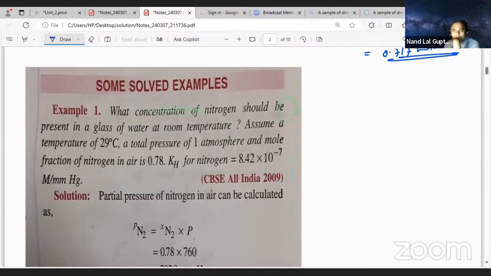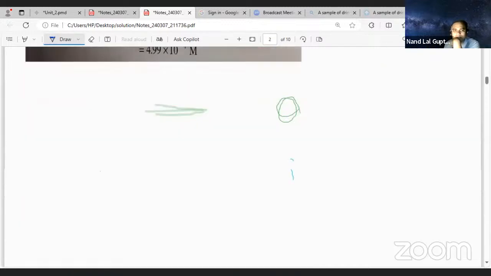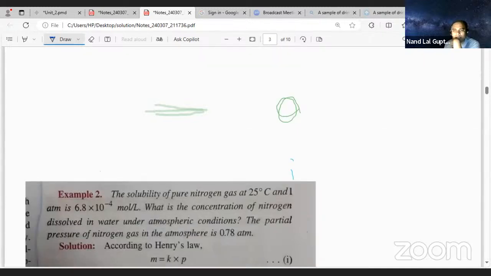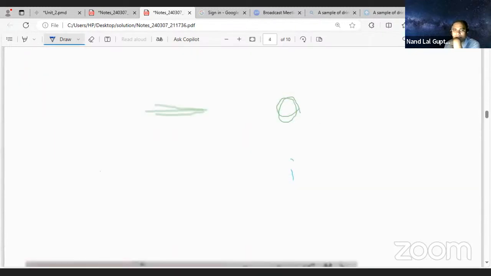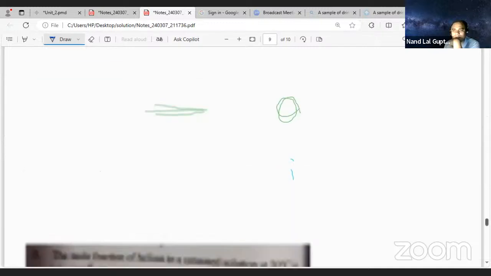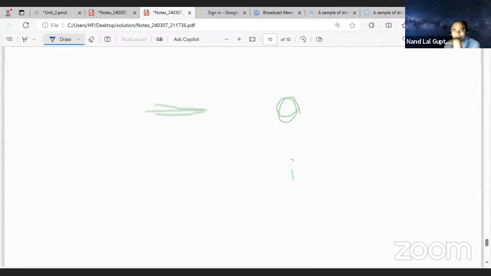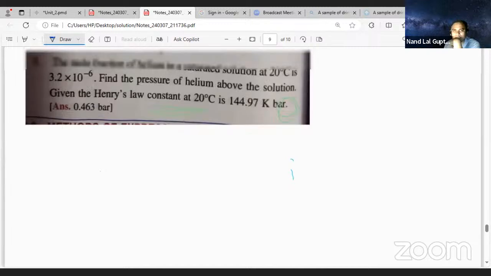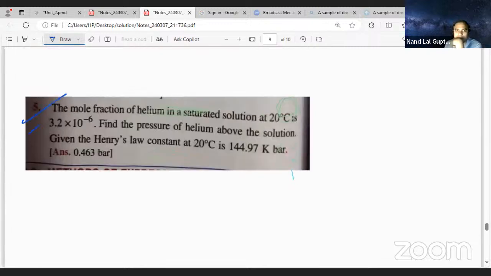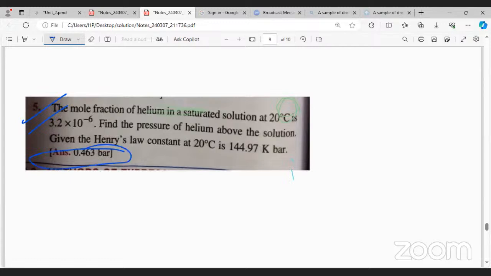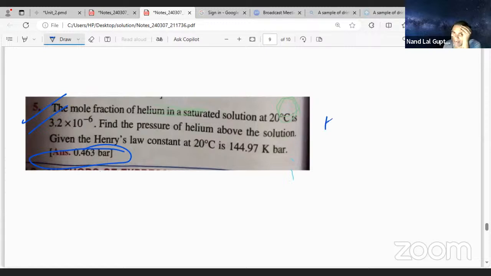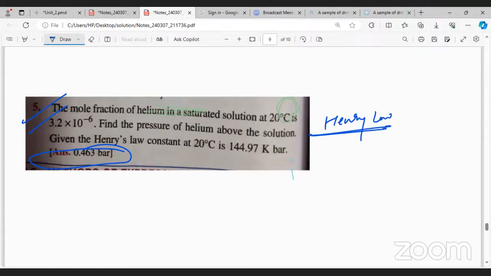I am sharing you the problems on Henry's law. Some are solved problems, some are unsolved problems, like the ones at the bottom. Sir, should I not first complete the NCERT? Henry's law you completed today, na.